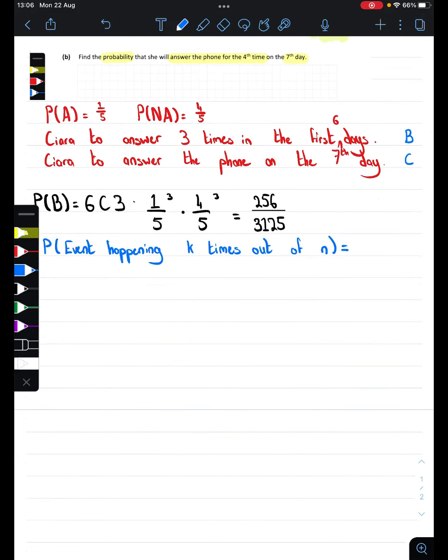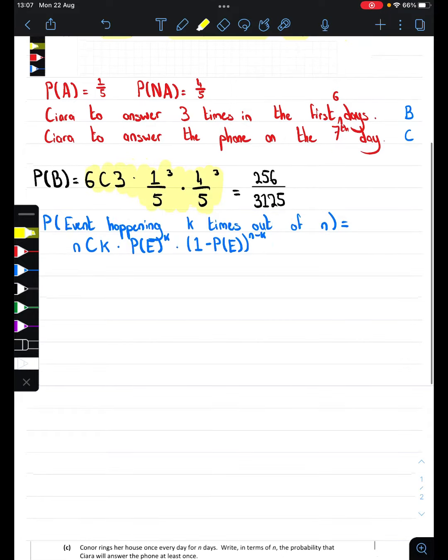So the formula is n choose k, the number of ways it can happen, and then the probability of the event happening to the power of k, the amount of times it happens, and the probability that the event doesn't happen, 1 minus the probability of the event happening, to the power of n minus k, the amount of times it doesn't happen. So that's our general formula, and so then in this case it just looks like this. So that's the probability of B.